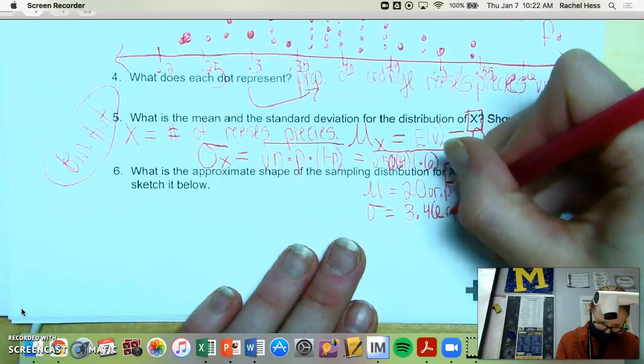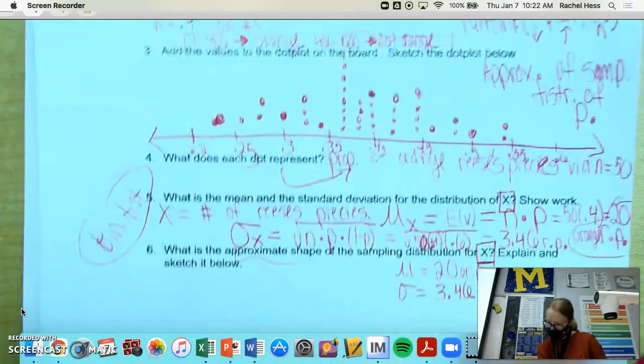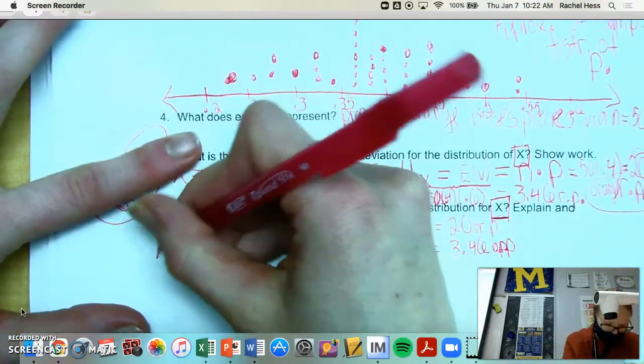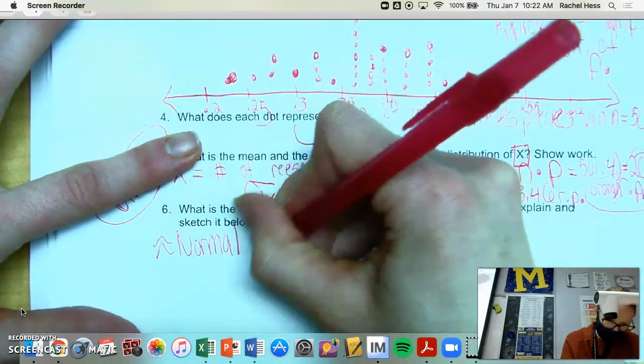Maybe I'll just do ORP for orange Reese's Pieces. If you're approximating the shape, I would say it's approximately symmetric. But we can even go further that it's approximately normal because of the law of large counts.